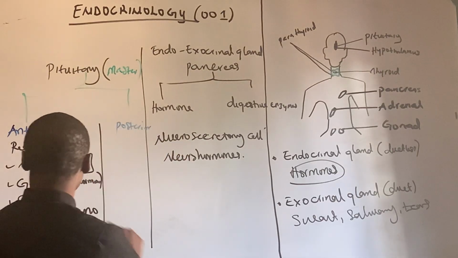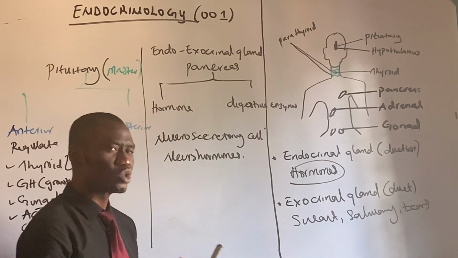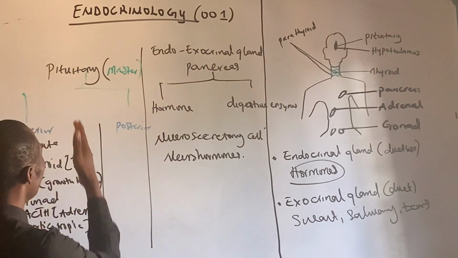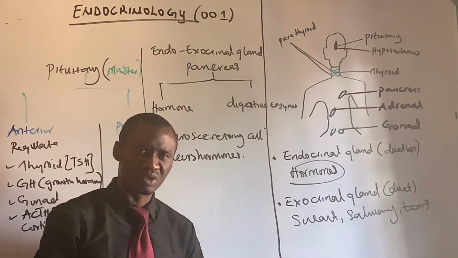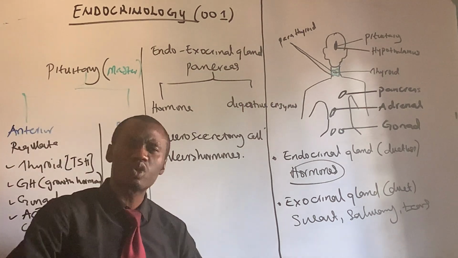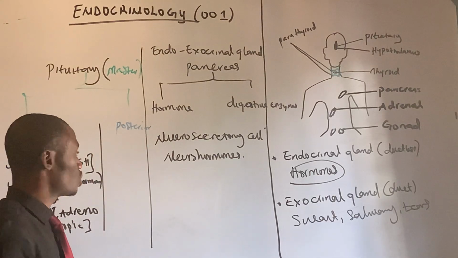You understand that? Now, the growth hormone, which is the GH, or known as somatotropin, is also controlled by the anterior part of the pituitary gland. Also, the anterior part of the pituitary gland secretes the adrenocorticotrophic hormone, ACTH.